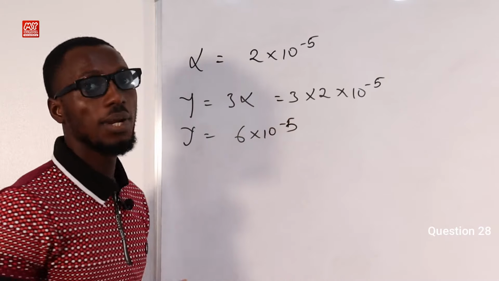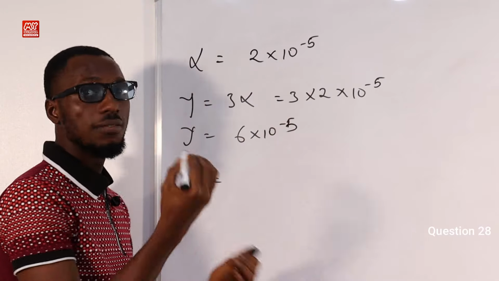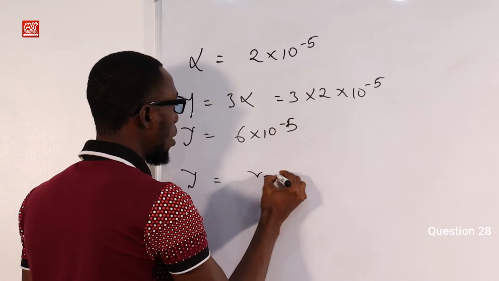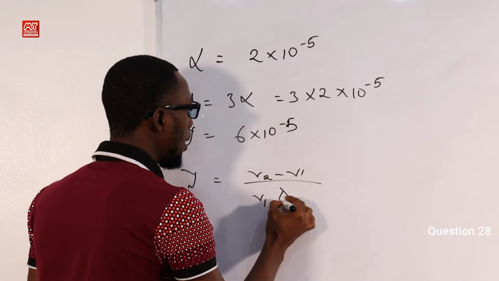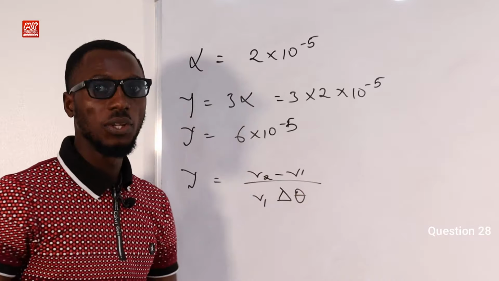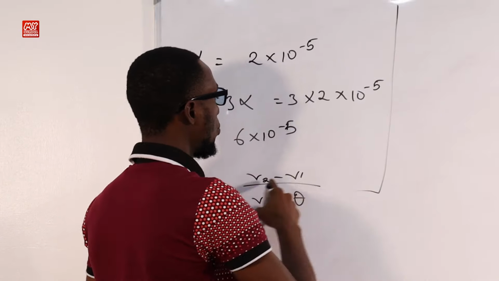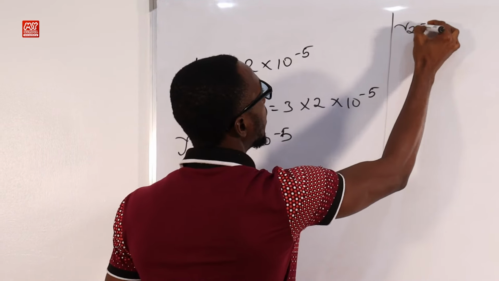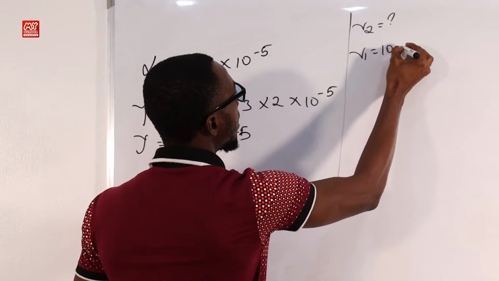So going back to the formula for cubic expansivity, we have the increase in volume, that is V2 minus V1, over the original volume times the change in temperature. So let's sort out these metrics. We have the final volume, which is unknown. The initial volume is given as 10 centimeter cube.